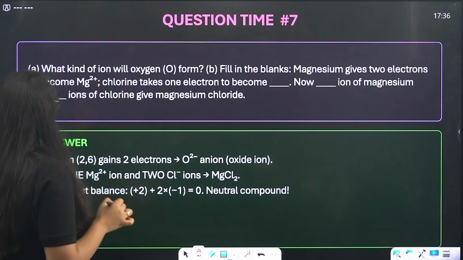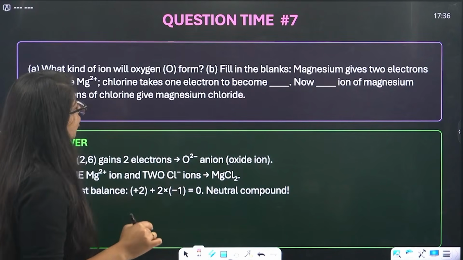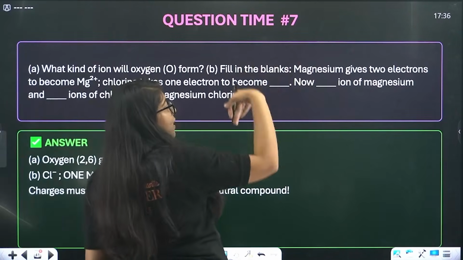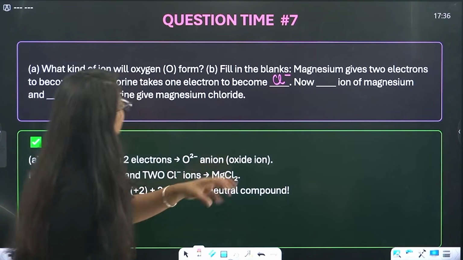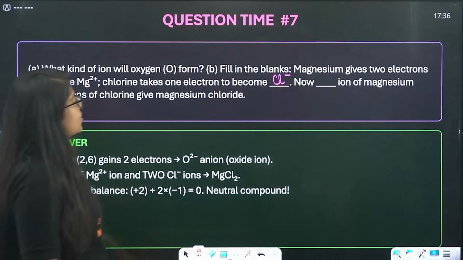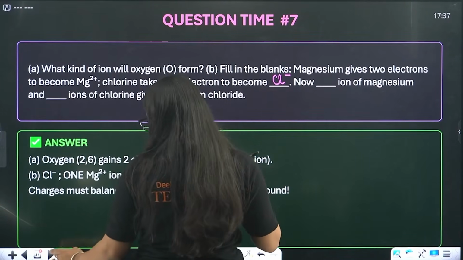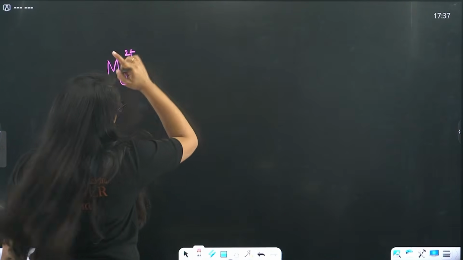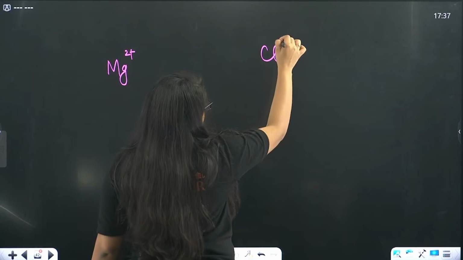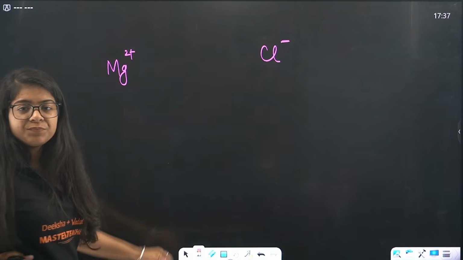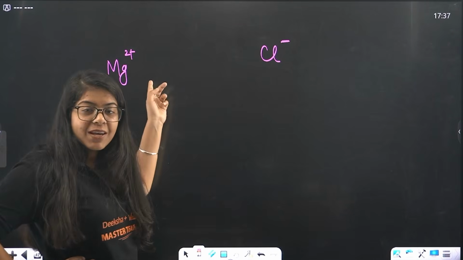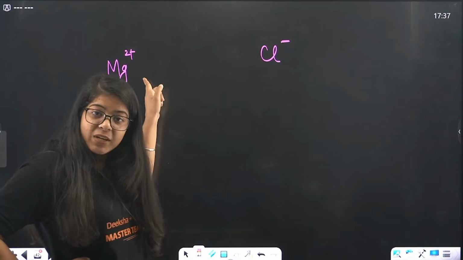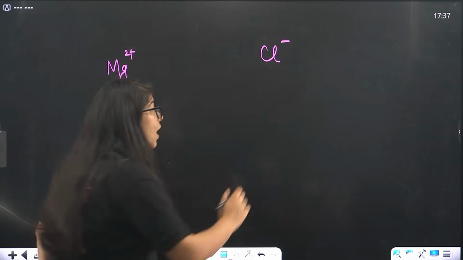Okay, we have Mg plus 2 and we have chlorine, which takes 1 electron, so it becomes chlorine negative, right? Now the ion of magnesium and the ions of chlorine give MgCl2. Okay, great. Now let's understand this. Chlorine takes 1 electron only. Magnesium has 2 electrons to give, chlorine is just taking 1, so magnesium will give 1 electron to this chlorine. It still has 1 electron to give, so it will give another electron to another chlorine.